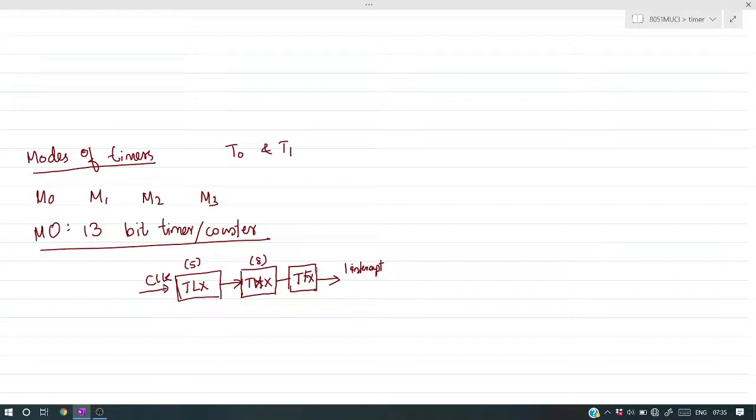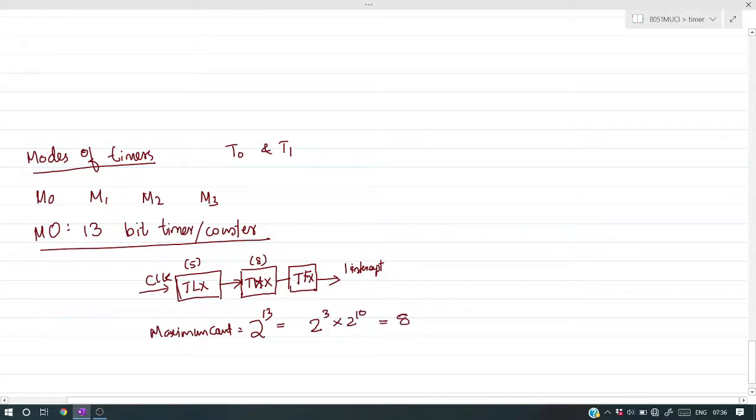So what is the maximum count by means of mode 0? How many bits are there? 13 bits. So the maximum count is 2 raised to 13. What is 2 raised to 13? 2 raised to 3 into 2 raised to 10. 2 raised to 3 is 8, 2 raised to 10 is 1k.